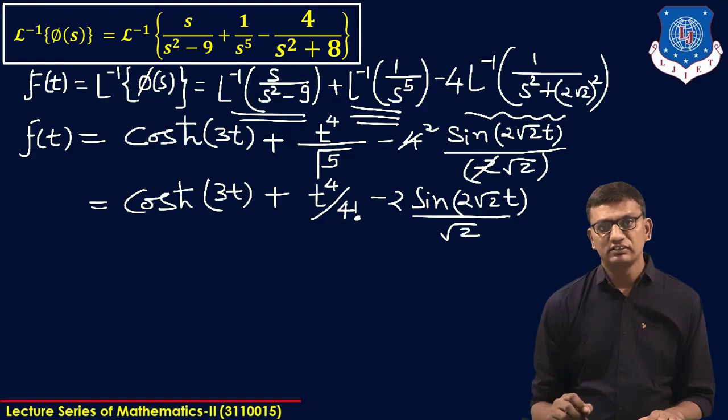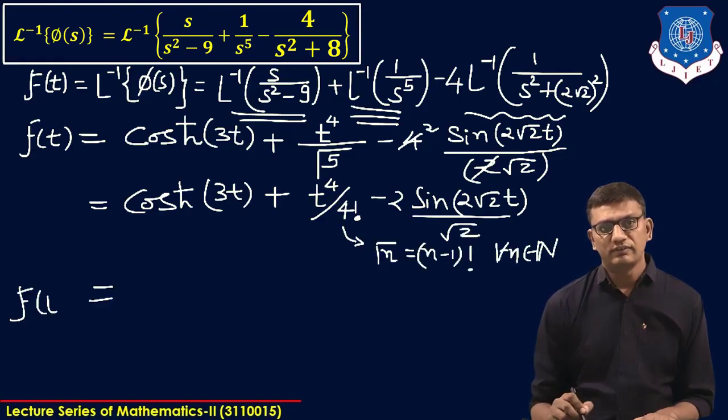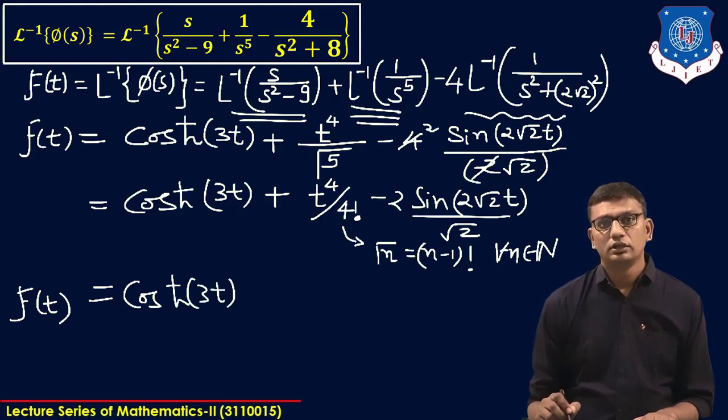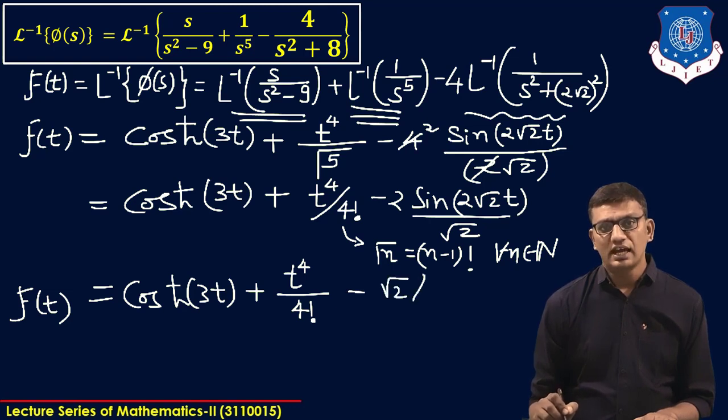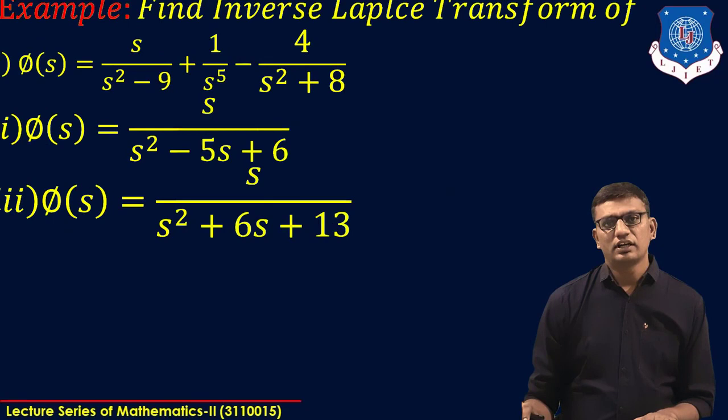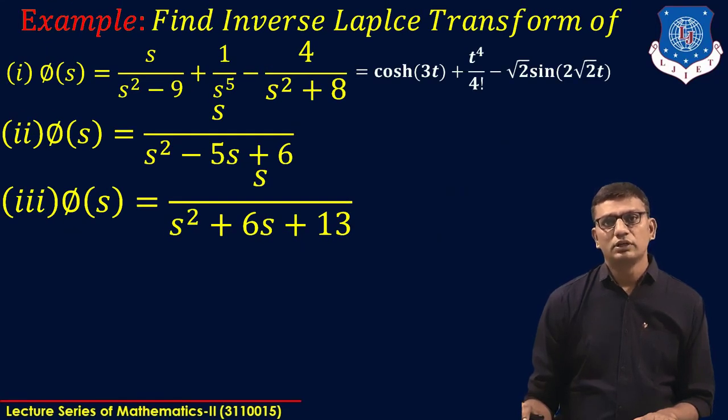And now we can cancel 2 with root 2. Then f of t will be cos hyperbolic 3t plus t raised to 4 upon 4 factorial minus root 2 sin 2 root 2 t. That is our f of t. So finally our answer is cos hyperbolic 3t plus t raised to 4 by 4 factorial minus root 2 sin 2 root 2 t.